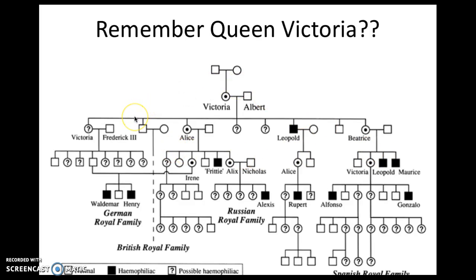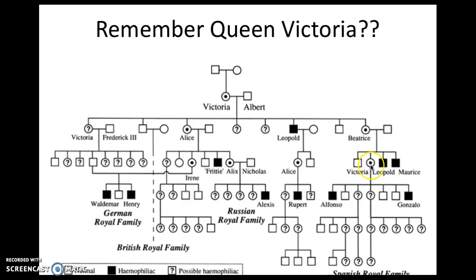Because you want to share all the royal blood, they all married into royal families. So hemophilia is often called the royal disease because all the royal families, at least back in the 1800s, had this disease. Notice, only males have the disease. It would not be against the rules to have a female with it, but again, it's more rare. In this case, it doesn't happen.